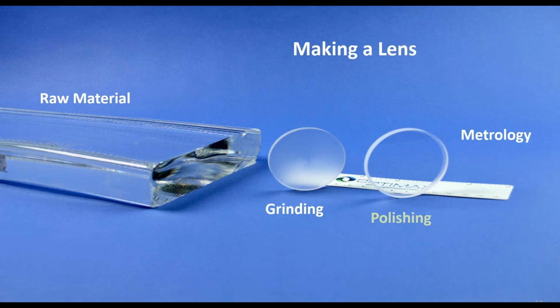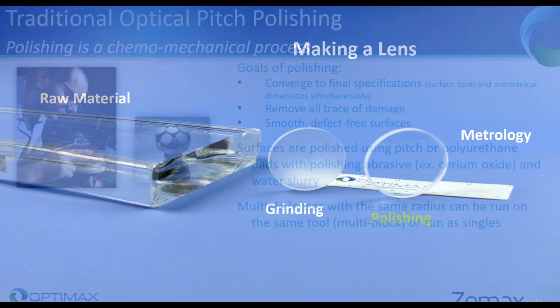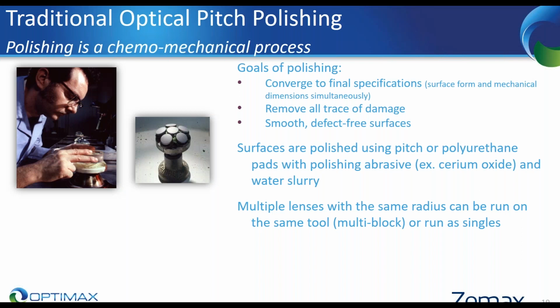And the goals of this process of polishing are to converge to the final specifications. What's unique and challenging about this is that we need to converge both the surface form and all of the mechanical dimensions simultaneously. It's something to keep in mind later in this presentation when we talk about tolerancing and why there are different interplays between them, because we need everything to come together all at once, and we need to do this all within a few microns and a few nanometers of precision.